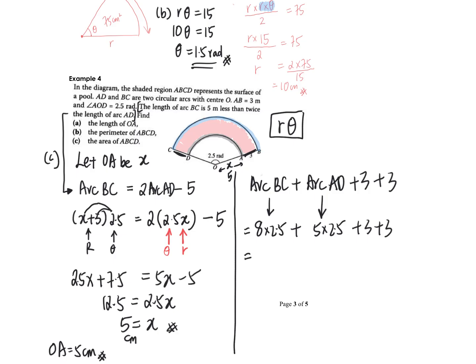Arc BC, arc AD, then the small one, and then these 2 green lengths. You will get 38.5 cm because it's perimeter.